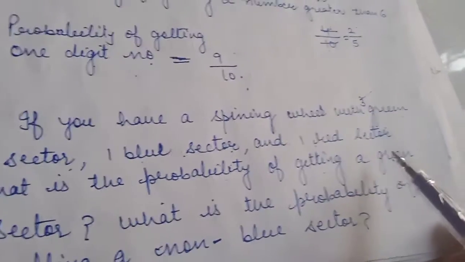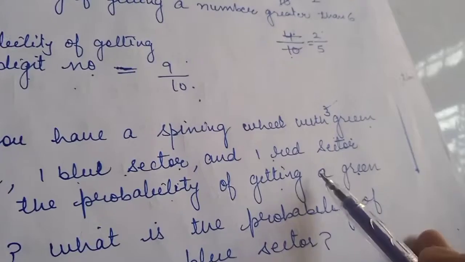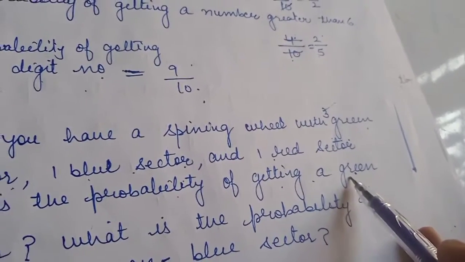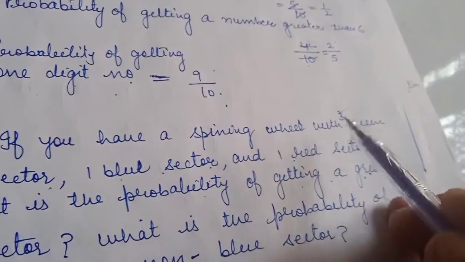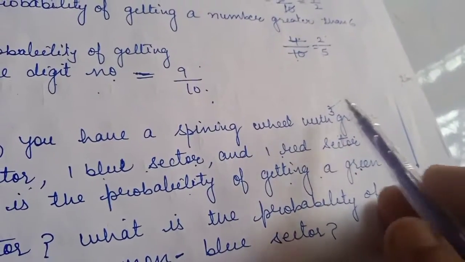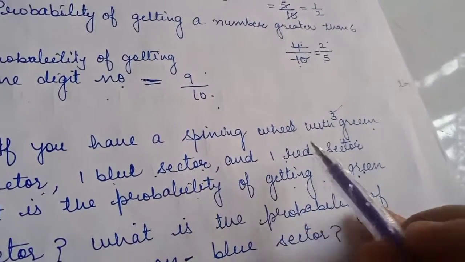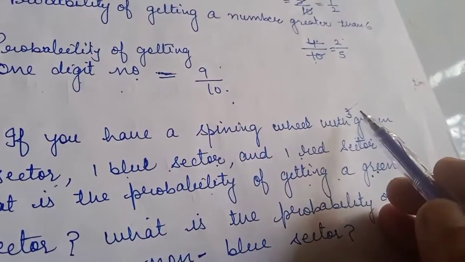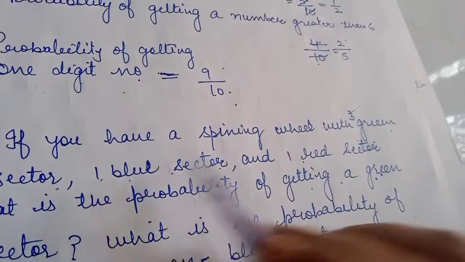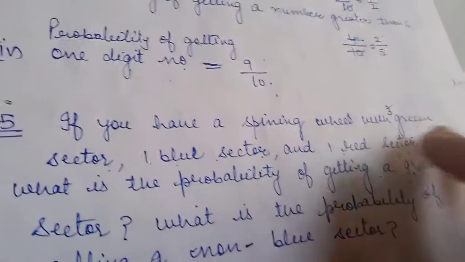You have to find the probability of getting a green sector. Of the sectors, 3 are green, one is blue, and one is red. So the total outcome is 3 plus 1 plus 1, that is 5.